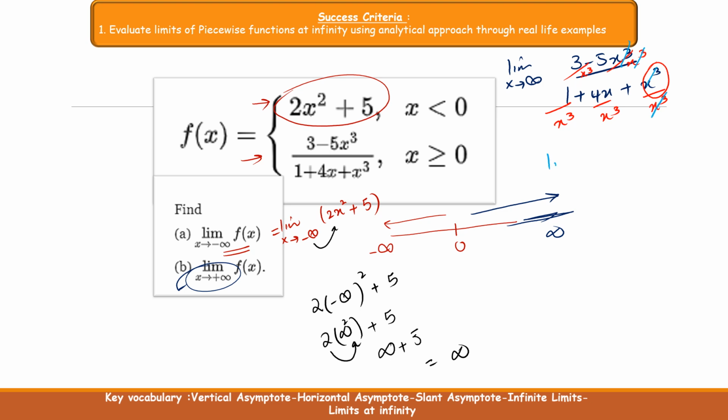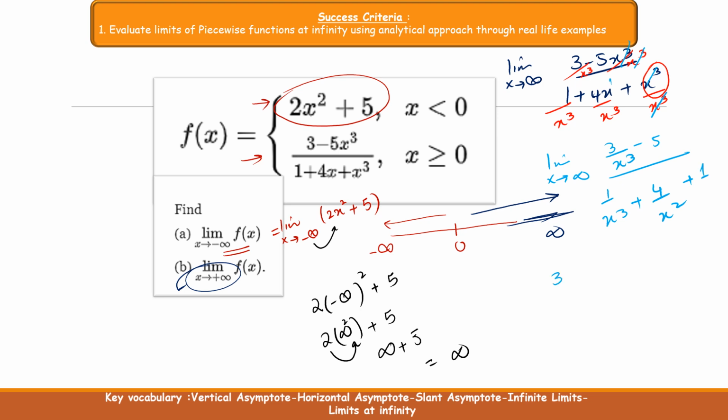Now solve it. Limit as x approaches infinity: 3 over x cubed stays as it is, minus 5, divided by 1 over x cubed plus 4x over x cubed, which gives 4 over x squared. x cubed divided by x cubed gives us 1.